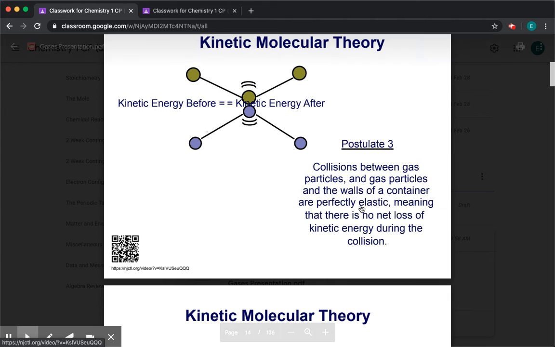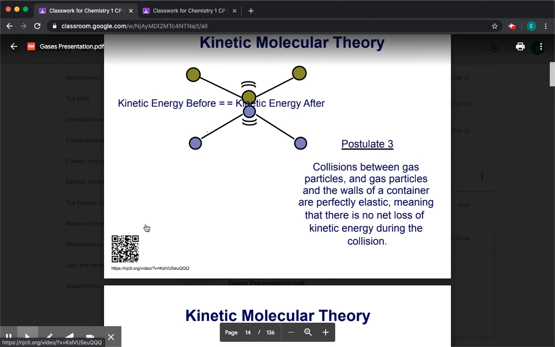Okay. In elastic collisions, or specifically in perfectly elastic collisions, there is no loss of energy. So whatever energy these balls had when they crashed into each other, whatever energy they transfer, if you add up their energies, it'll be the same as before you crashed, okay?